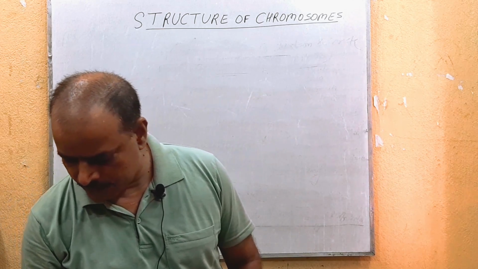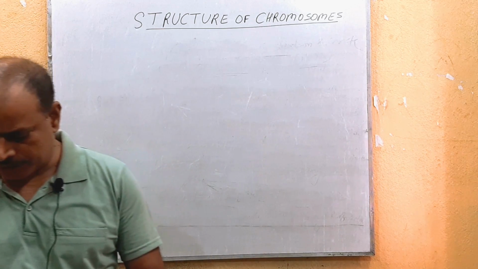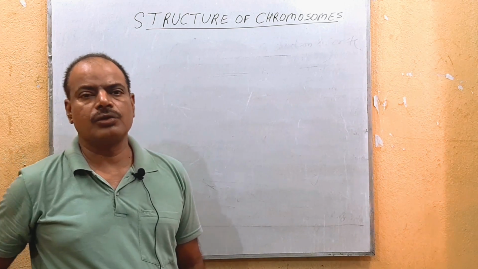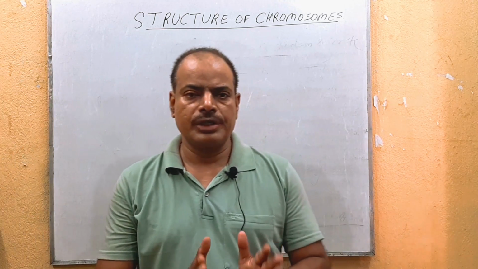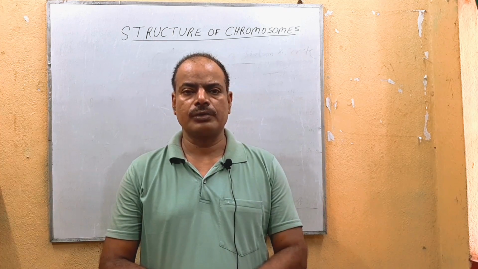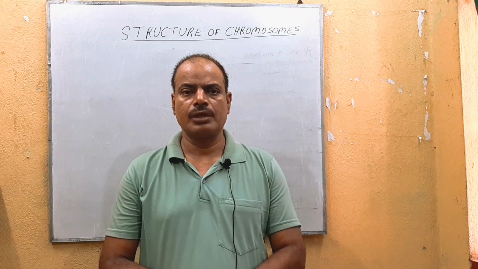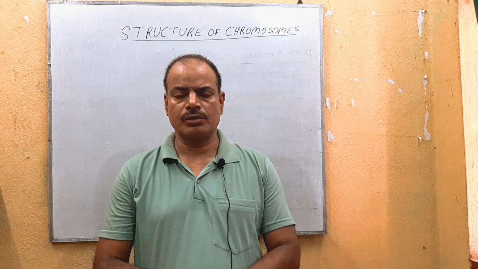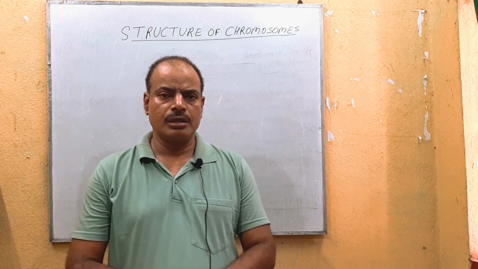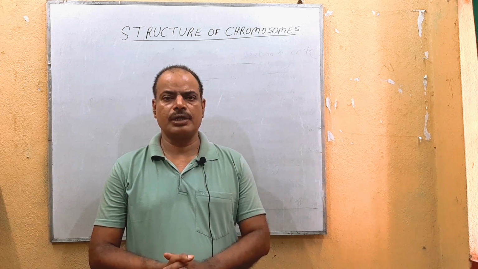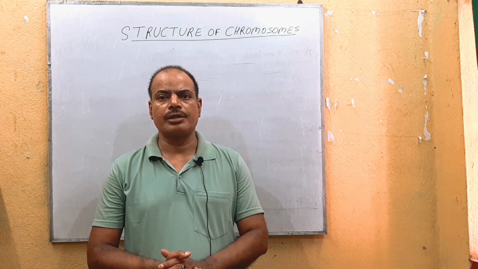So in this class, we have studied the structure of chromosomes, DNA, and nucleotides also. One more thing: the structural unit of a chromosome is the nucleosome, the structural unit of DNA is the nucleotide, but the functional units of both chromosomes as well as DNA are the genes.